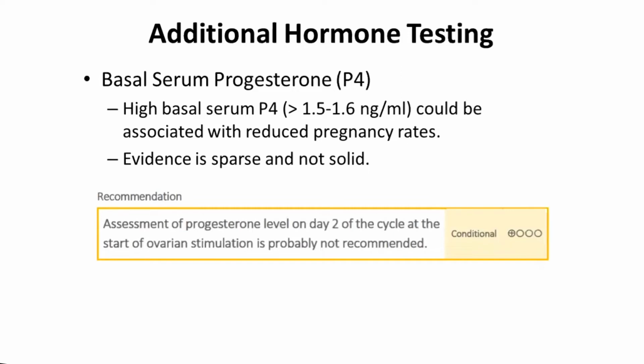But the evidence beyond this research is sparse, and this is not recommended by the ICSI to be checked on day 2 of the cycle. Some research supports this, but the evidence is not adequate enough to recommend it.